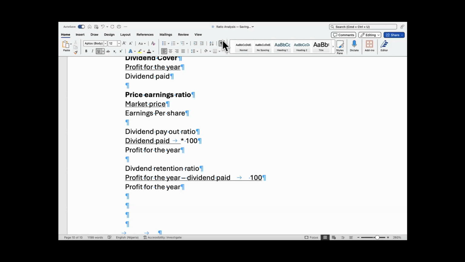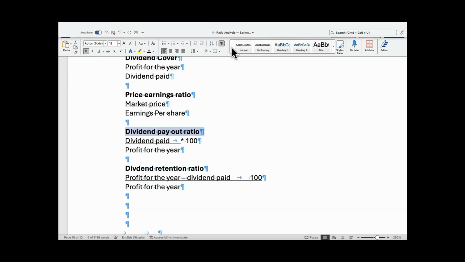Okay, so that is everything for ratios. Do you have any questions before we go to the second agenda for the day? One thing I would really want you to read up is limitation of ratios. What are the limitations of ratio analysis? You'll find it in the handout.